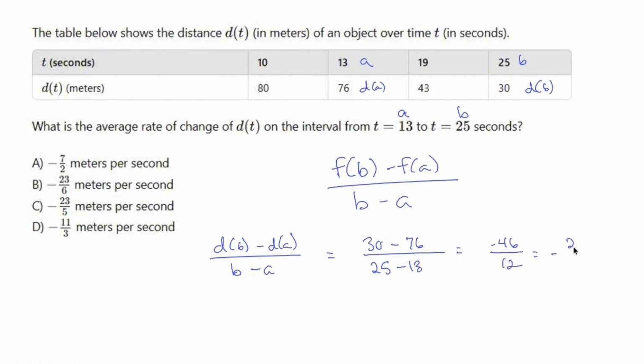So -23 over 6. And since this is a rate of change, it's going to be meters per second. So -23 over 6 meters per second, which seems to match up with B. Average rate of change with a table is different from when you have a function or a graph. It's a little bit friendlier in this case. Just label things, plug stuff in, do a little bit of math, you're set.